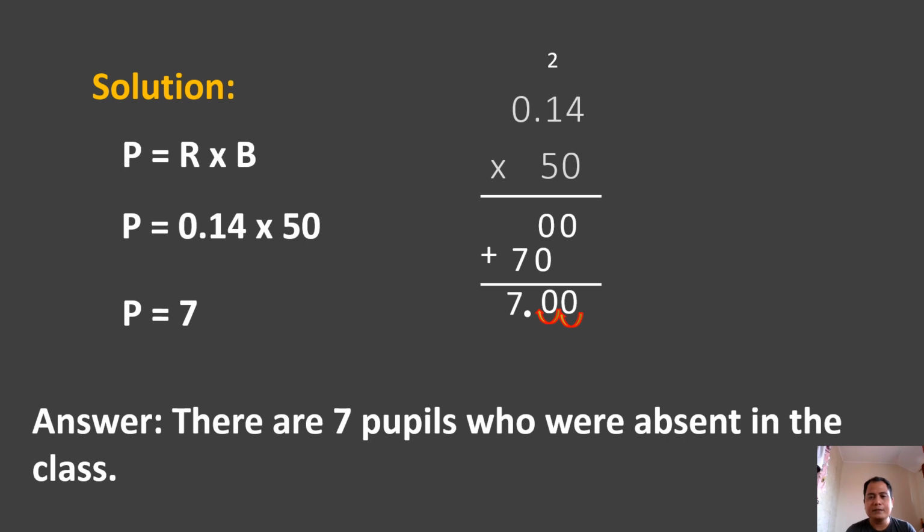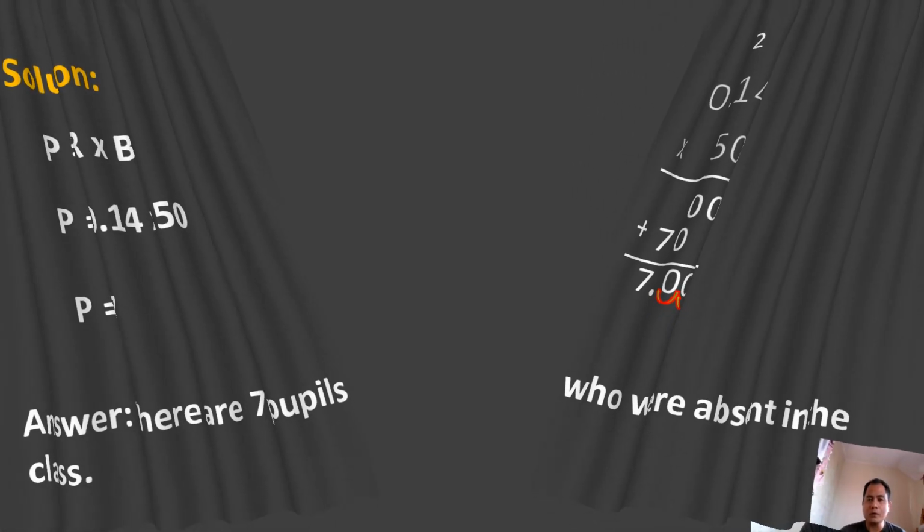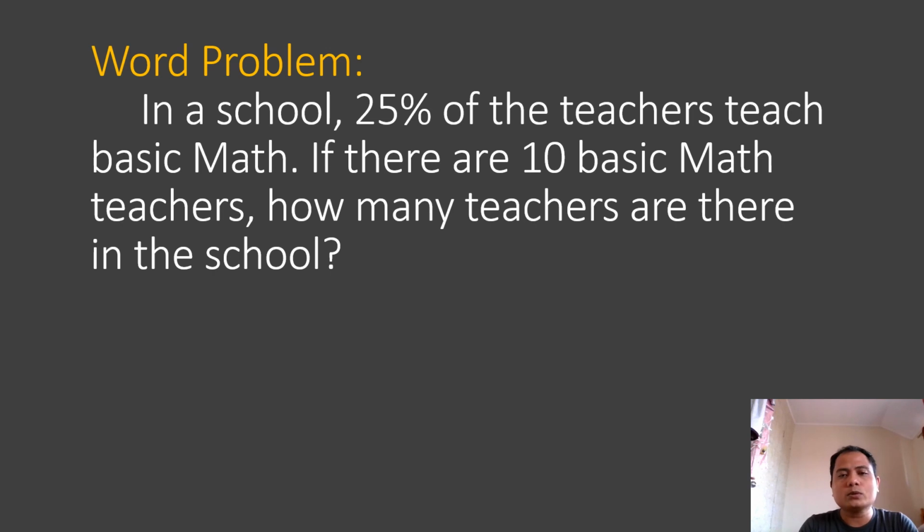Okay? Let's try another example. In a school, 25% of the teachers teach basic math. If there are 10 basic math teachers, how many teachers are there in the school? As we study the problem, we are looking for the total teachers in the school.